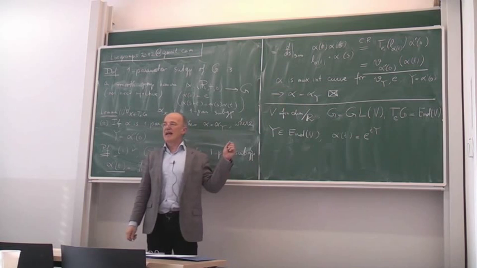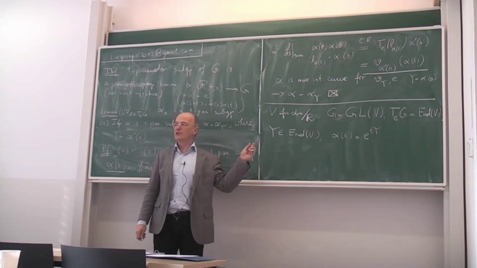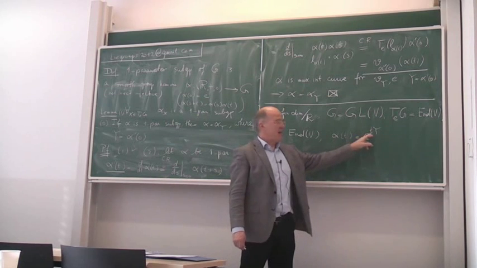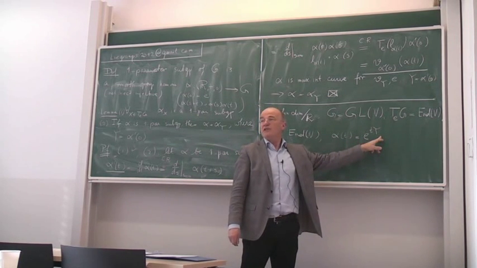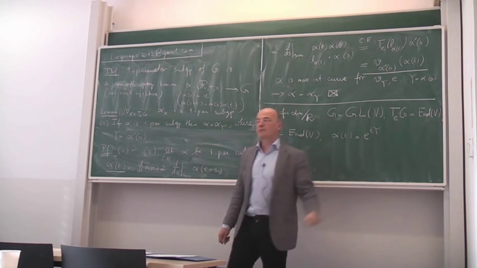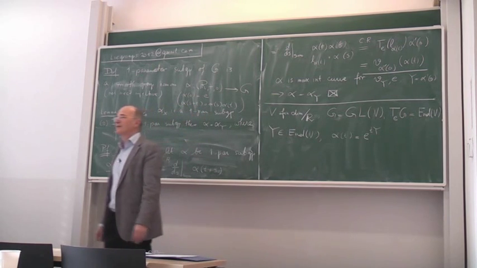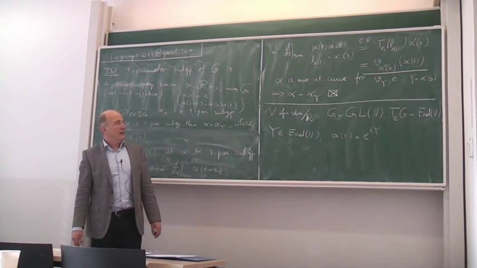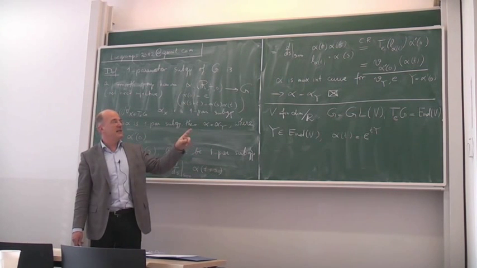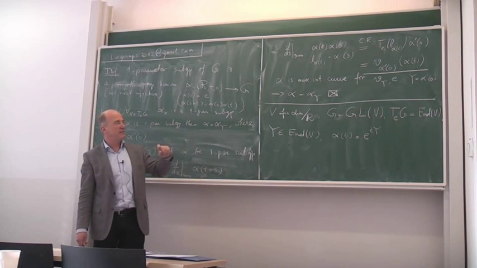So here we take the exponential, the usual exponential of a matrix. So it's defined by a power series, if you like. And we know that this exponential satisfies the differential equation. But we also know that it has a multiplicative factor.